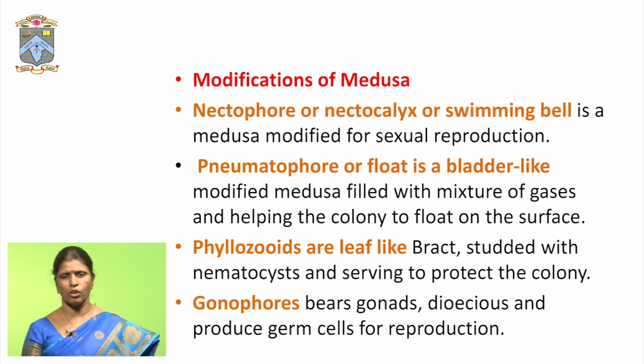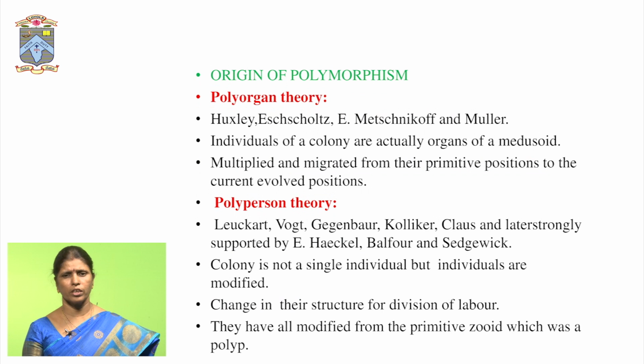Nematophore, also called a float, is a bladder-like form that possesses a number of gases that help the animal float on water. Phyllozoids are leaf-like or bract-like, and are provided with a number of cells called nematocysts. They are mainly meant for protection, and gonophores are mainly meant for reproduction, and they bear the gonads.